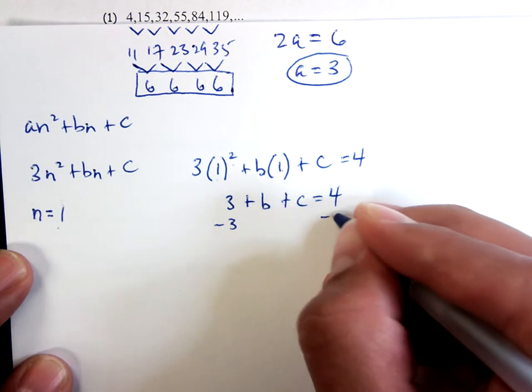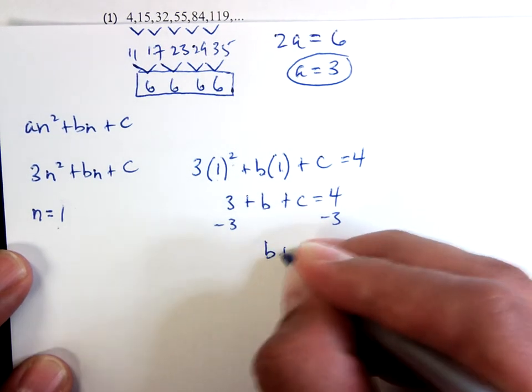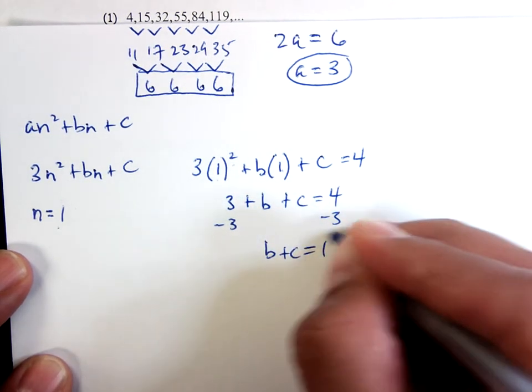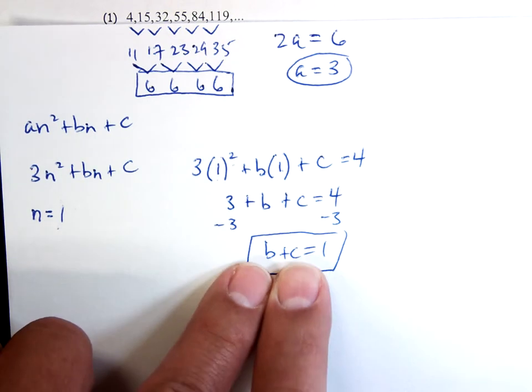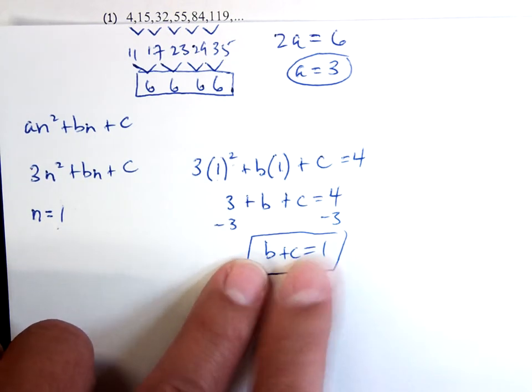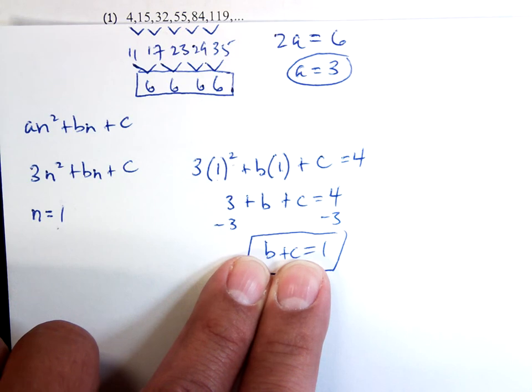Subtract 3 from both sides, and I get b plus c equals 1. So there's my first mini equation. Remember, I've got 2 unknowns and 1 equation. I can't solve it with 1 equation. I need 1 more equation in order to solve this.